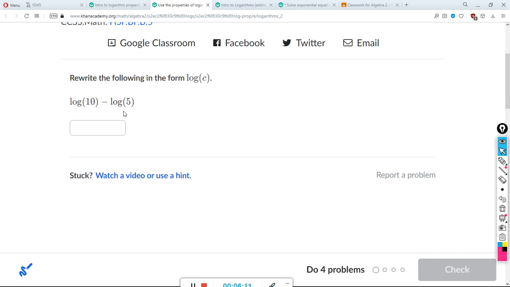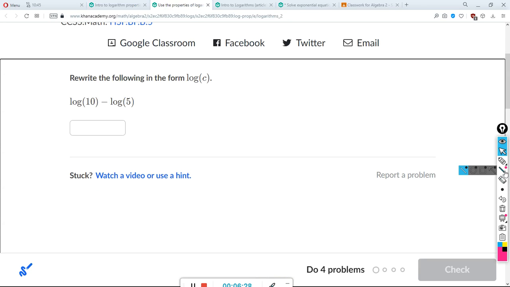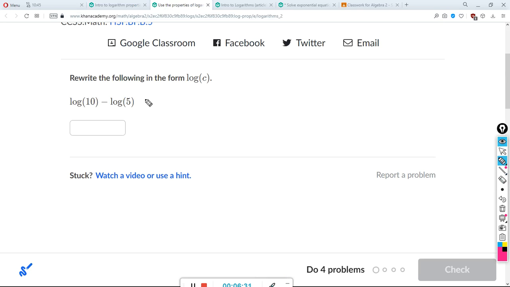Alright, here we have log of 10 minus log of 5. That's the quotient rule. When you're subtracting the two logs, you just take the first one divided by the second one, and you can make it one log. So this is the log of 10 divided by 5, since it's subtracting, which is just the log of 2.